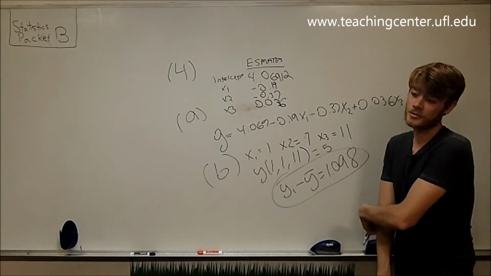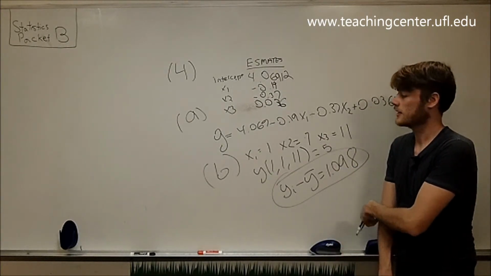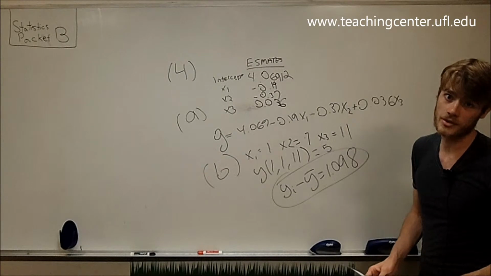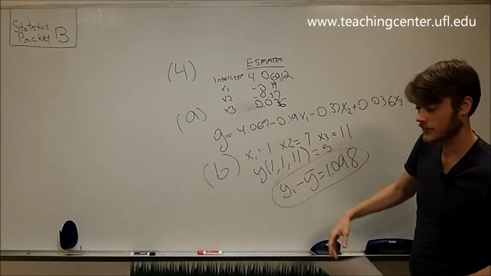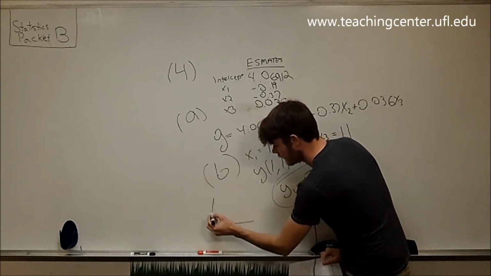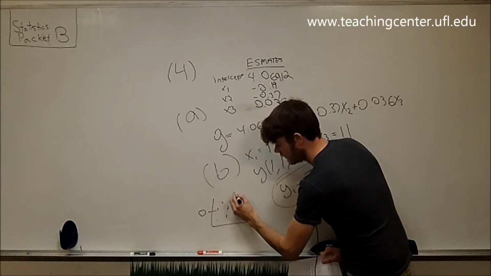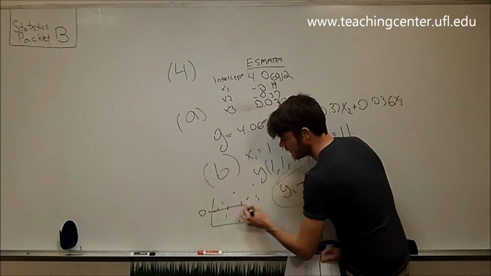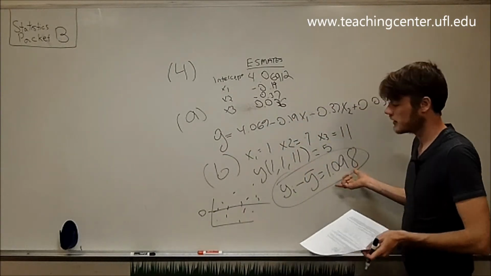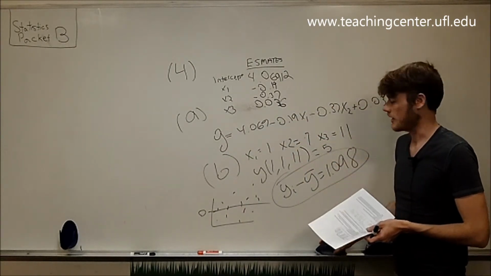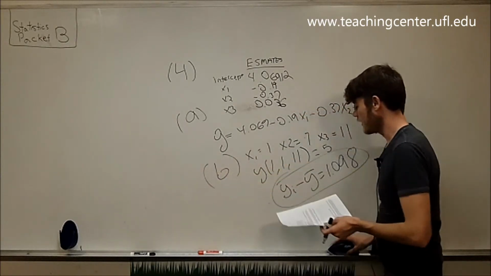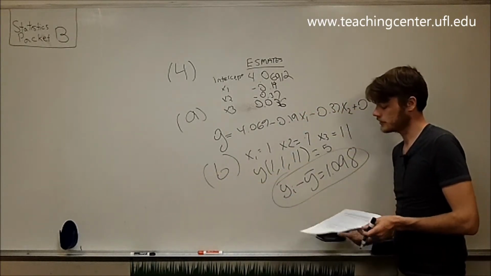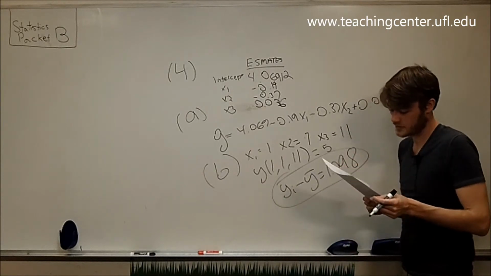So we would need all the residuals, and a useful thing would be to plot the residuals and see if there's a trend. If there isn't a trend, if they're just random, kind of like this, around 0, then that's good. But it does not tell us anything about how good this regression model is, just from that one residual. So don't be fooled. We have no idea how big or small that residual is.